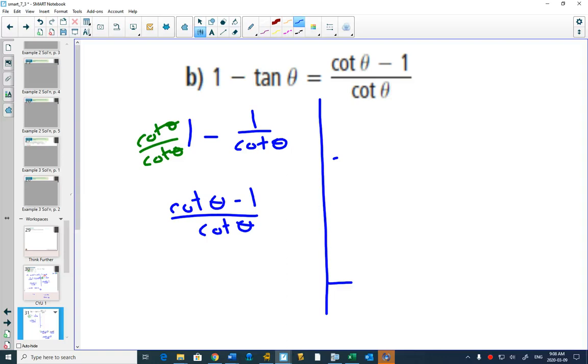So noticing that I could change both sides to the same trig function might be quicker. Still use the same strategy of getting both sides as a single fraction, but I was able to prove this one quicker by changing things to the same trig function.